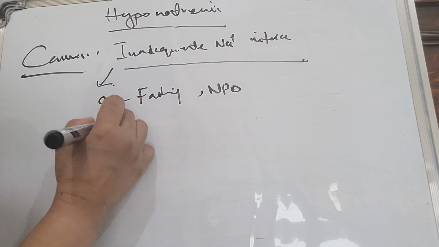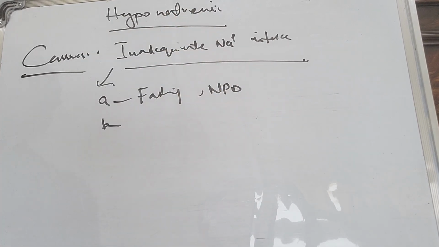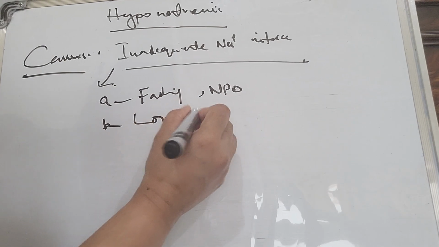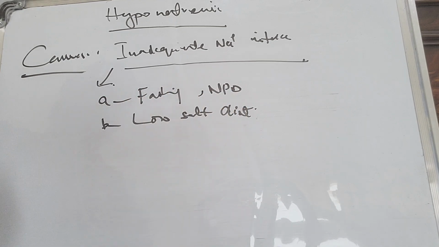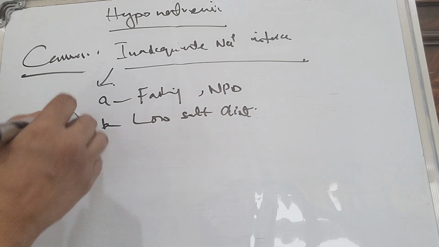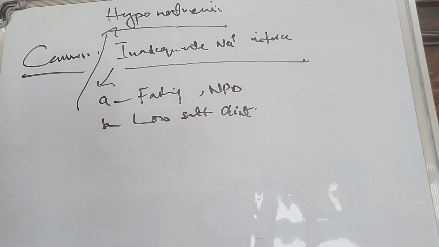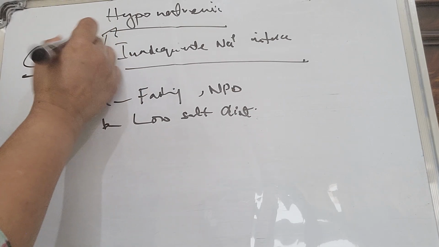The patient has inadequate sodium intake. Number B, low salt diet. If the patient is taking a diet that has less sodium, less salt, the patient also has a cause of hyponatremia.